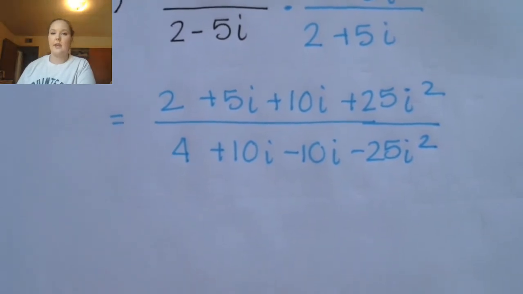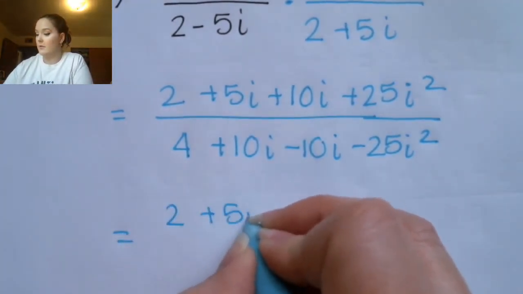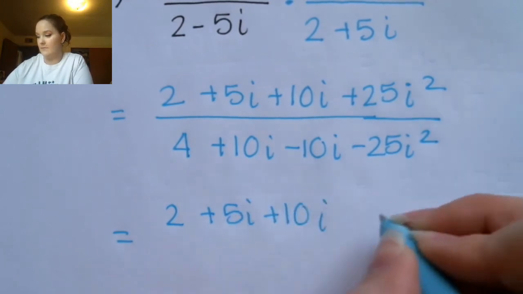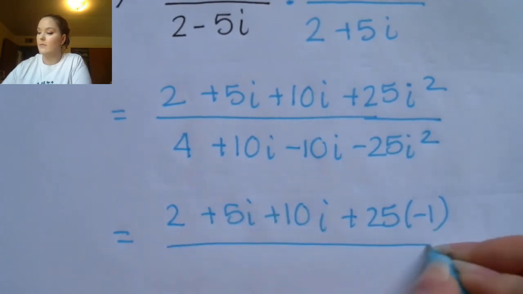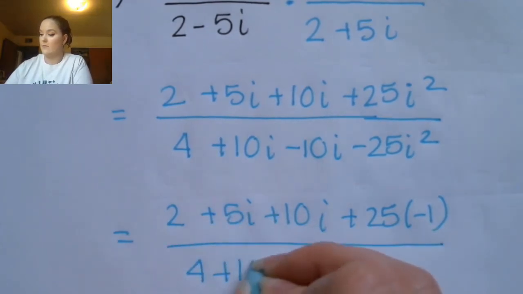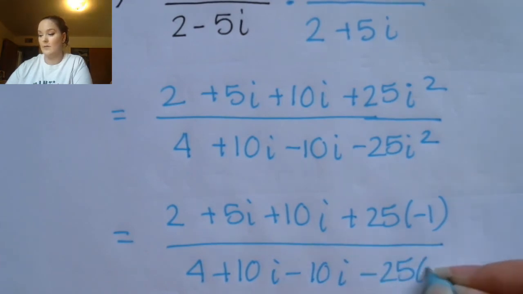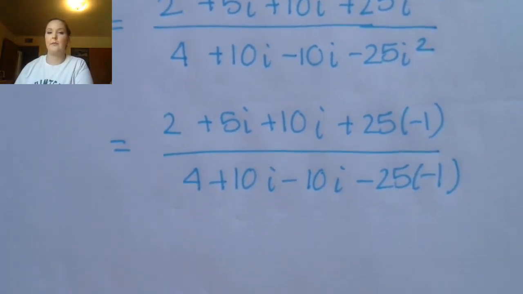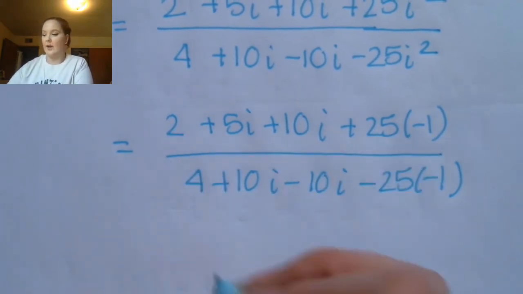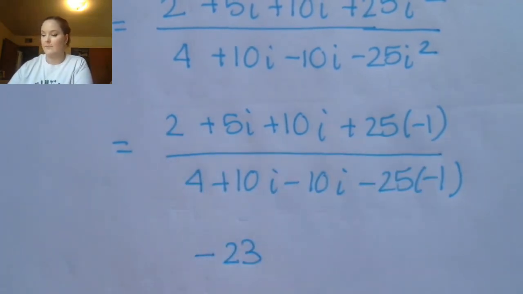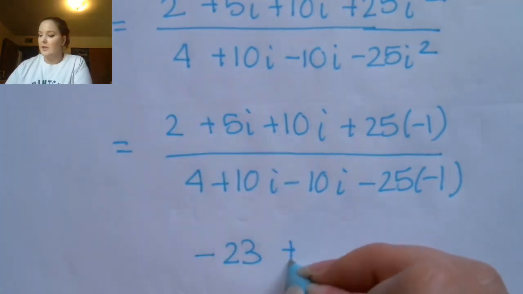And again, I'm going to replace my i squareds by negative 1, and combine my like terms. So 2 minus 25 is negative 23. 5i plus 10i is 15i.